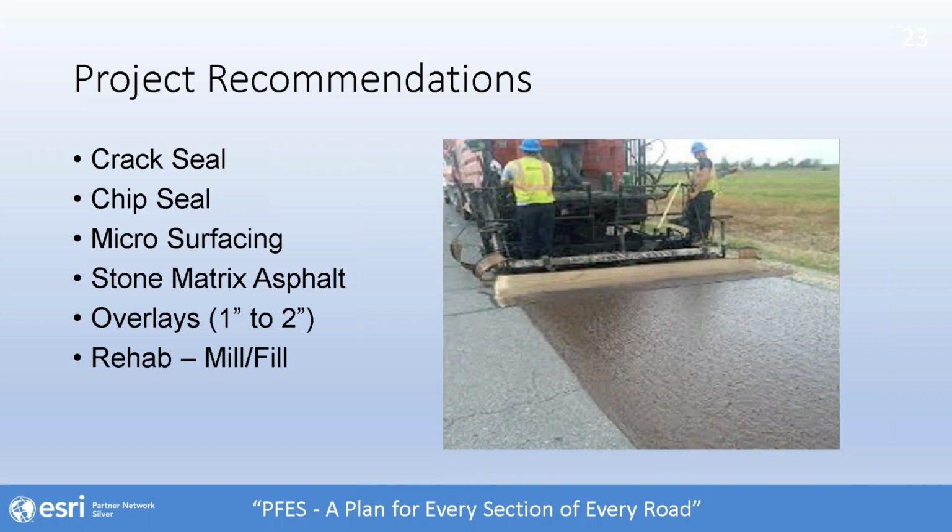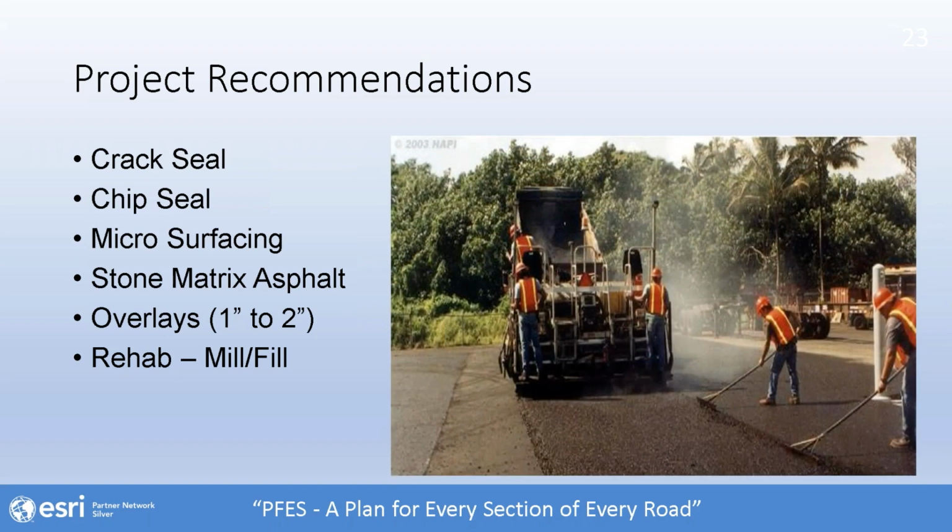Microsurfacing, another treatment that's common, but the model will restrict it to higher volume roads with truck traffic and rutting and cracking. Stone matrix is a very expensive polymer modified stone on stone asphalt that is used primarily in urban areas, high truck volumes.